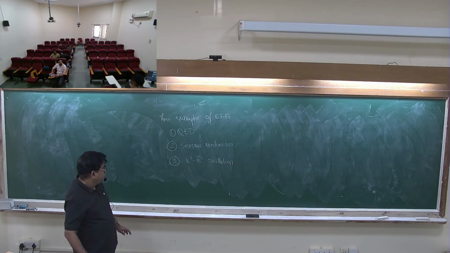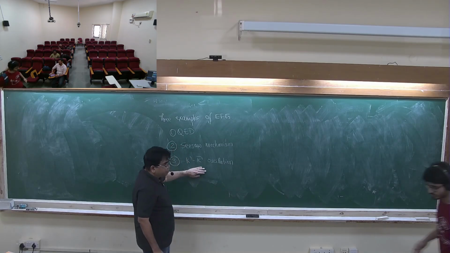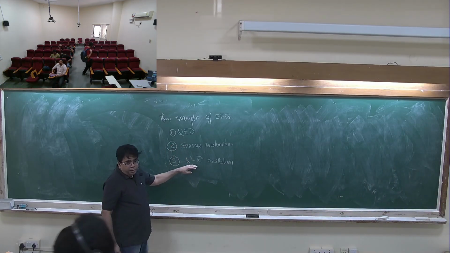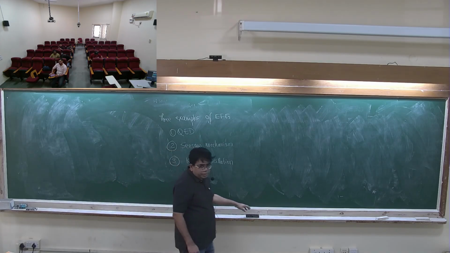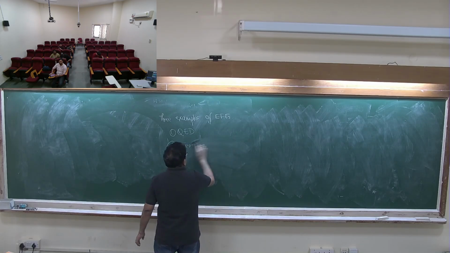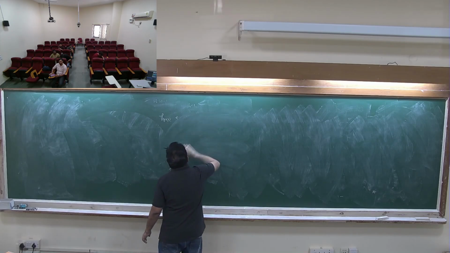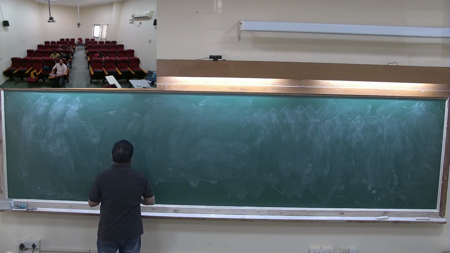Okay, I'll again go back to K0 K0 bar oscillations. I'll do it in a more systematic manner essentially. So let's do K0 K0 bar again.